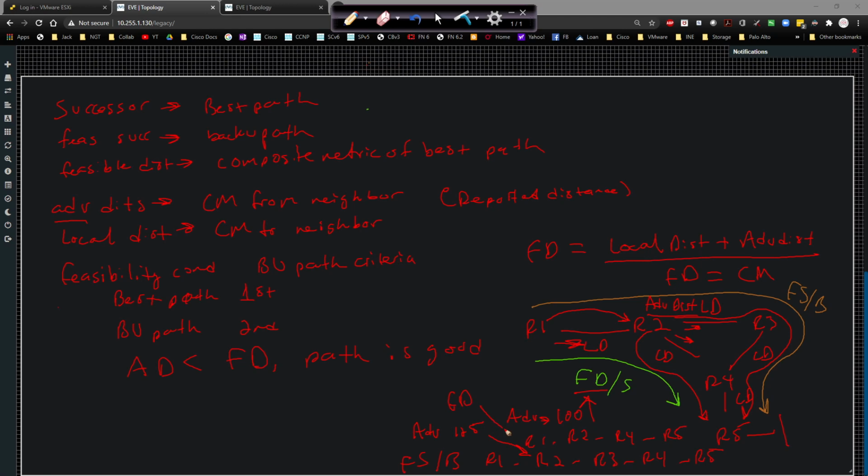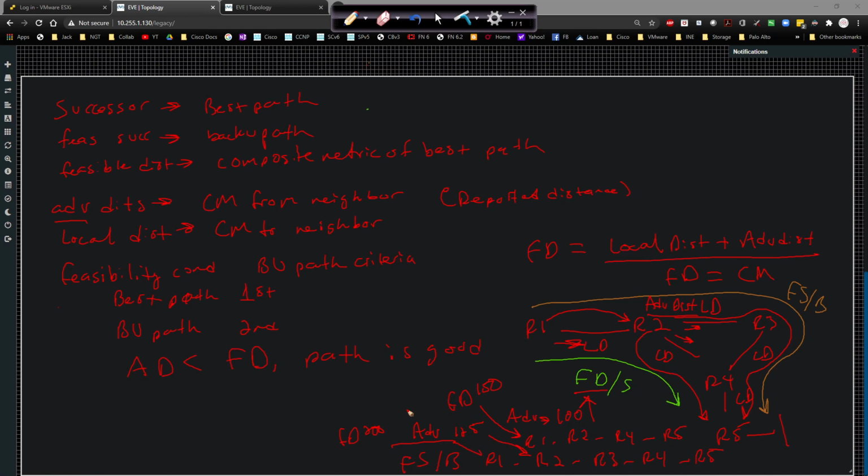The feasible distance here is 150, and the feasible distance on the longer path is 200. Then, because the feasible distance is bigger than my advertised distance, I'm going to be good to go.